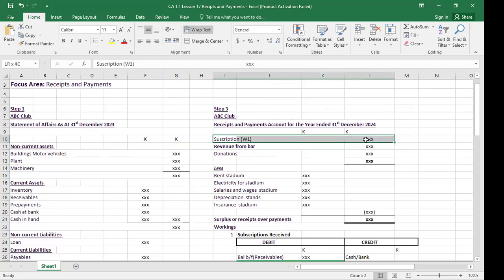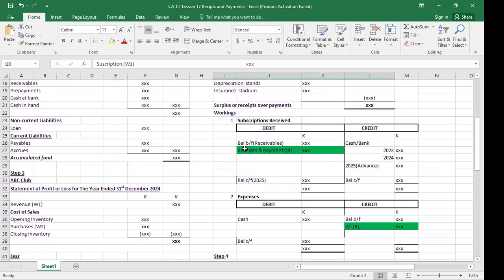After you find the subscriptions, the subscription we're looking for is this, right? You've got the opening balance, then you've got the closing balance for the subscription fees, and then you've got the monies that have been received, whether cash or bank, including those that have been paid in advance.